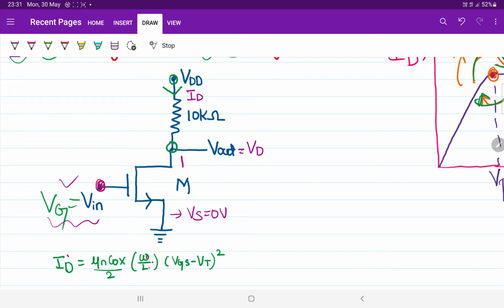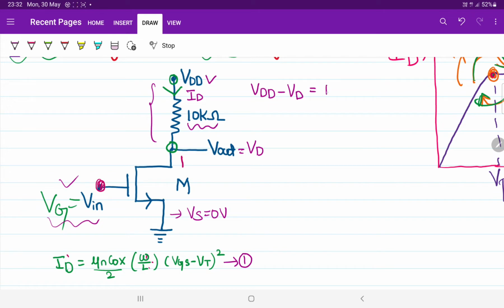See there, already I wrote one equation for drain current. Now we can also write one more equation from the circuit diagram. How can we write? I just wanted to know the voltage drop across this 10 kilo ohm resistor. This can be written in two ways. One is by finding the potential difference between the terminals of the resistor. The terminals of the resistor are VDD and VD.